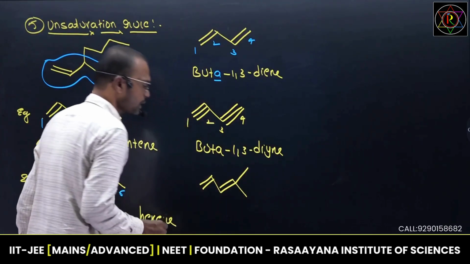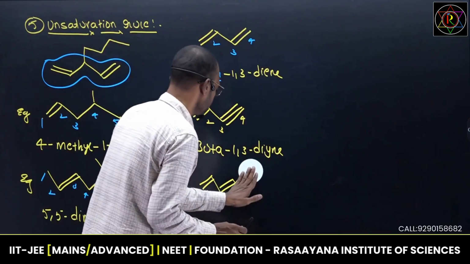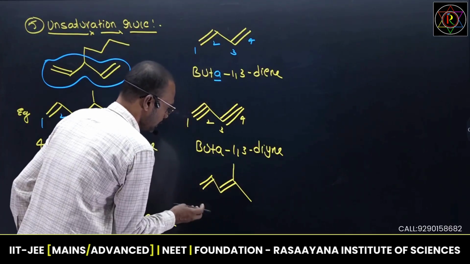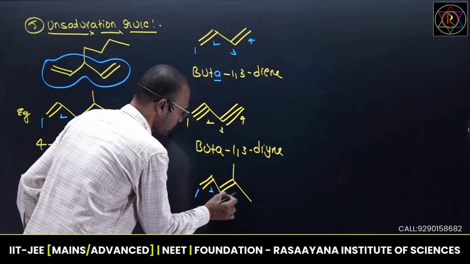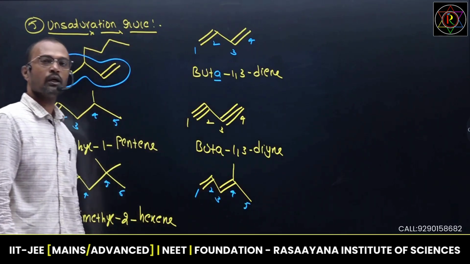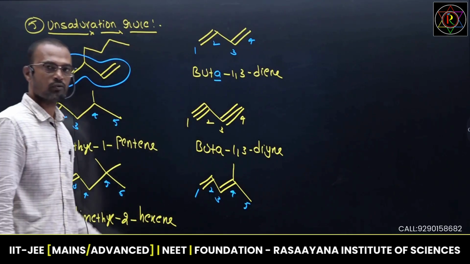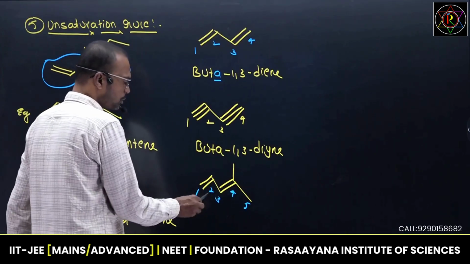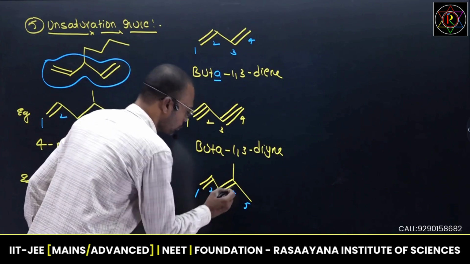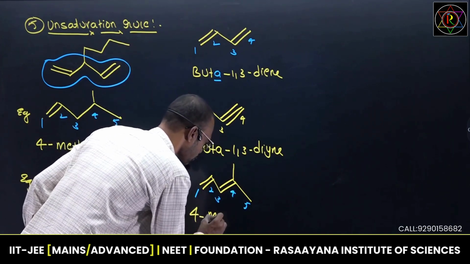See, first you need to select the longest carbon chain. This is the longest carbon chain and here one substituent is present. If I start numbering from here, 1, 2, 3, 4, 5. Don't select the right side, select from the left side because the substituents and functional groups should carry the lowest number. First, the functional group. The carbon-carbon double bond is a functional group. Select from this side, 1, 2, 3, 4. So the fourth position carries the substituent. I can write 4-methyl.